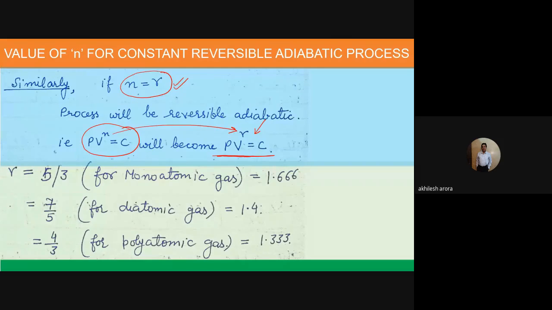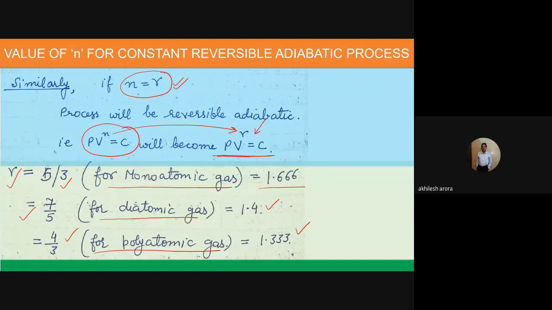Here you can see I have written the values of gamma. Gamma is equal to 5 by 3 for a monoatomic gas, I told you just 2-3 slides before, 1.666. For a diatomic gas, the value is 7 by 5, 1.4. And for a polyatomic gas, the value of gamma is 4 by 3, which comes out to be 1.333.